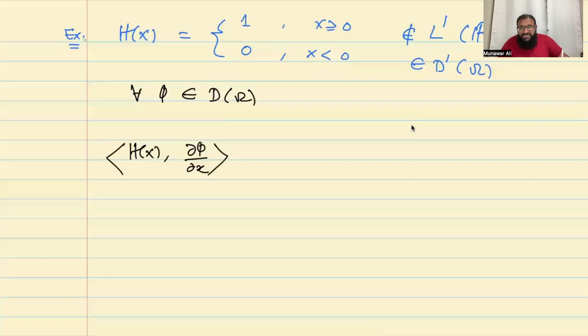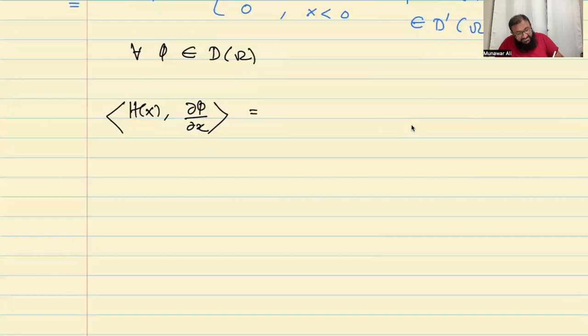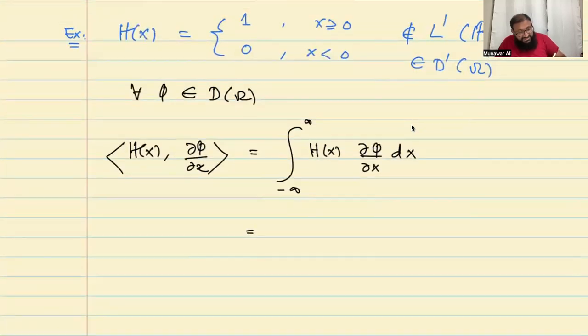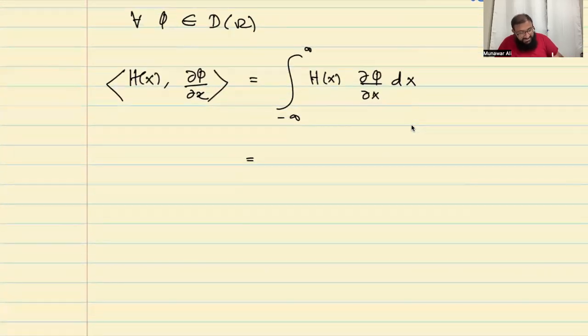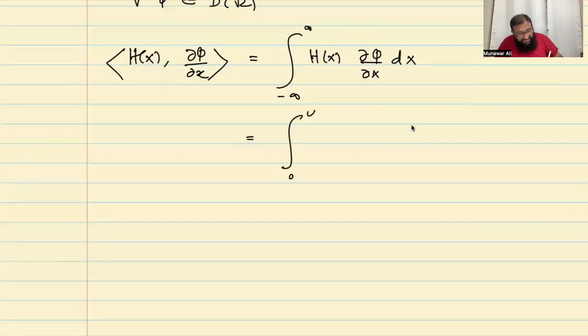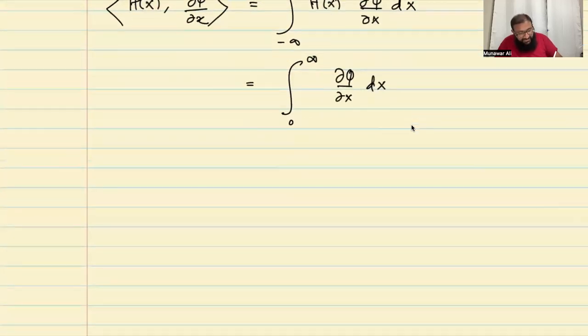Now let me check what this result gives me. You know very well I can write this thing as simply the Heaviside function, integration from negative infinity to infinity, and partial phi by partial x dx. And now you know very well this Heaviside function is only 1 when x is greater than or equal to 0. So I can write this thing as from 0 to infinity, h of x is going to be 1, that I'm not going to write, partial phi by partial x dx, and I'm going to integrate this.